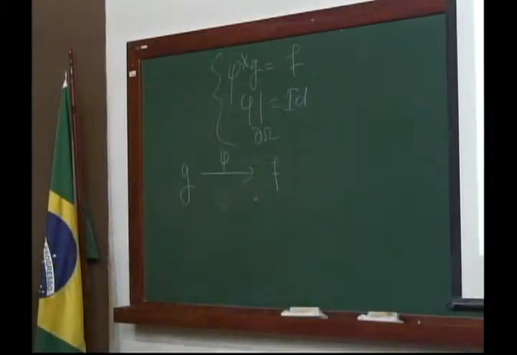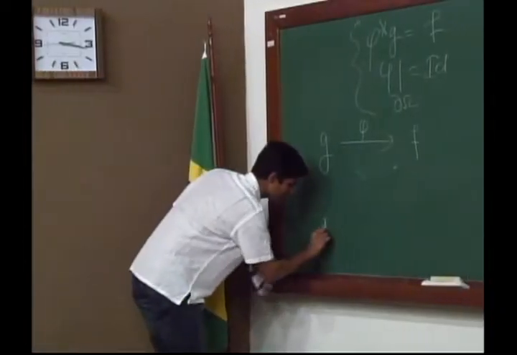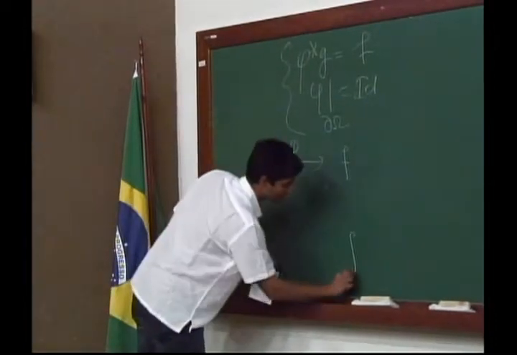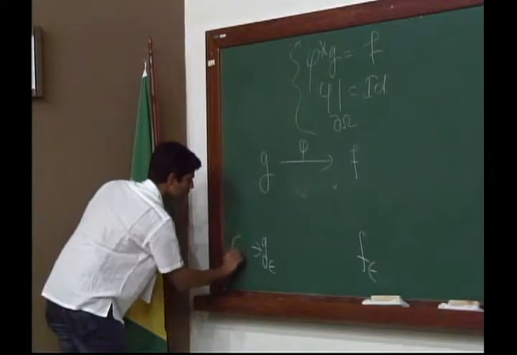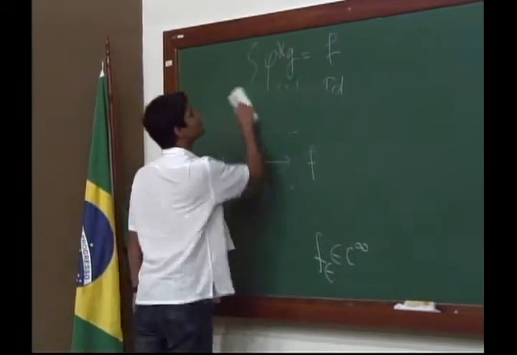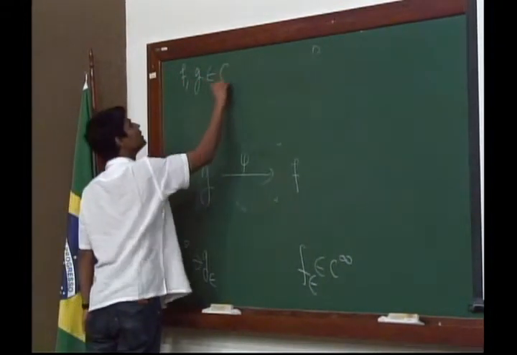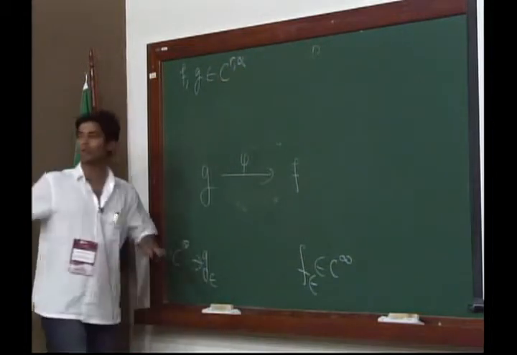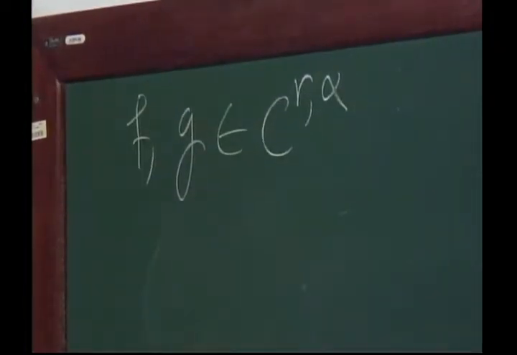The first step that we do is we approximate g and f with smooth forms, g epsilon and f epsilon. Let us assume that f and g are in C^{R,alpha}, with the usual hypothesis that G minus F is perpendicular to the space of harmonic two forms of vanishing tangential components.